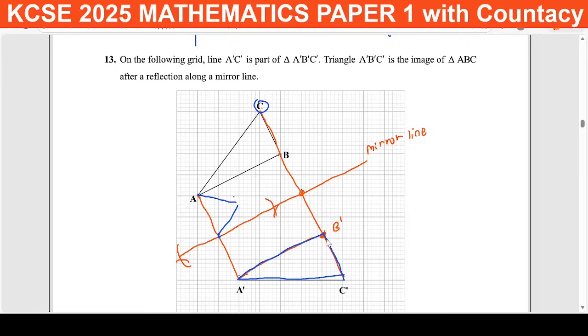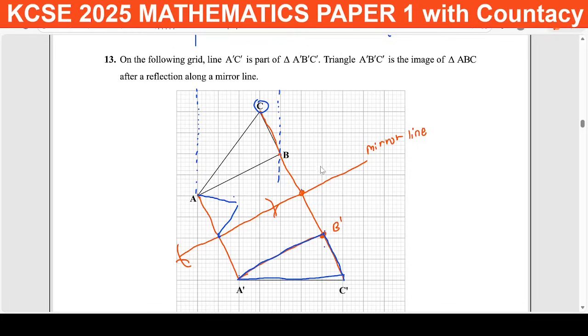And the same case here, B to C, they are vertically 1, 2. What about horizontally? Horizontally, it's from this point. You see, this is the horizontal part of it, and we are working with B. The horizontal part is this one. So how many units are these? 1, 2, 3, 4.